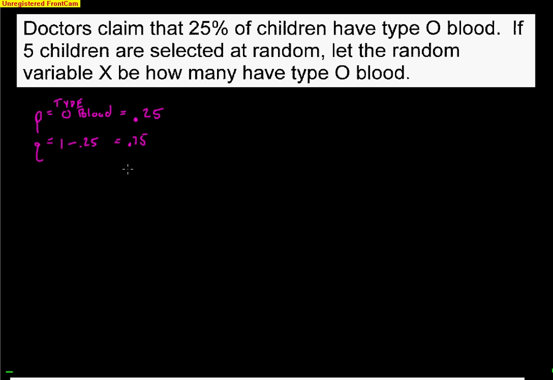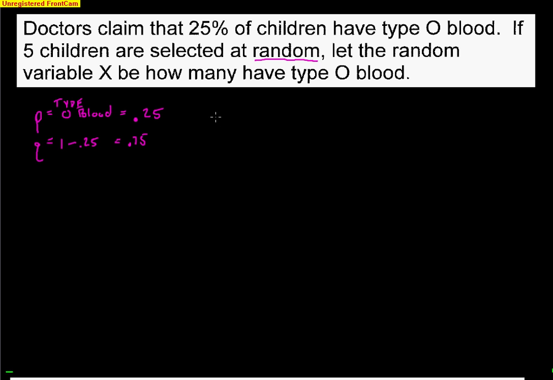The second needs to be independent, which means that if one kid has type O blood, it cannot affect the next kid. Now, if we're talking about a family of 5 brothers here, well, we might have an issue because 5 brothers might genetically all have the same blood. But as long as we're selecting children at random here, not 5 brothers, which wouldn't be random, we can't expect the trials to be independent of each other.